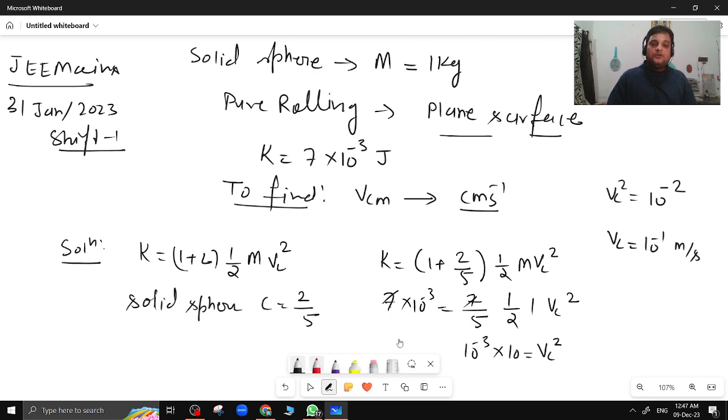But note that you have to find the answer not in meter per second, so it needs a little unit conversion. We write 100 centimeter per second into 10 to the power minus 1, so Vc is equal to 10 centimeter per second, and this is the final answer.